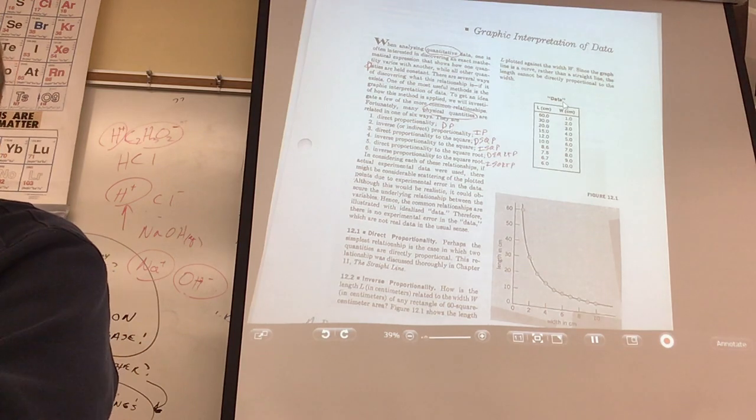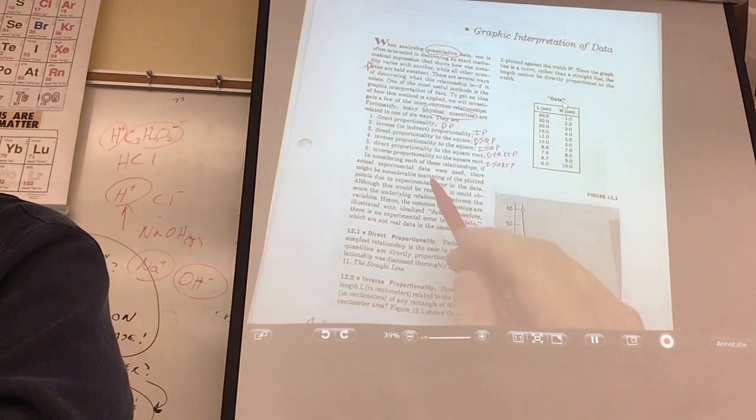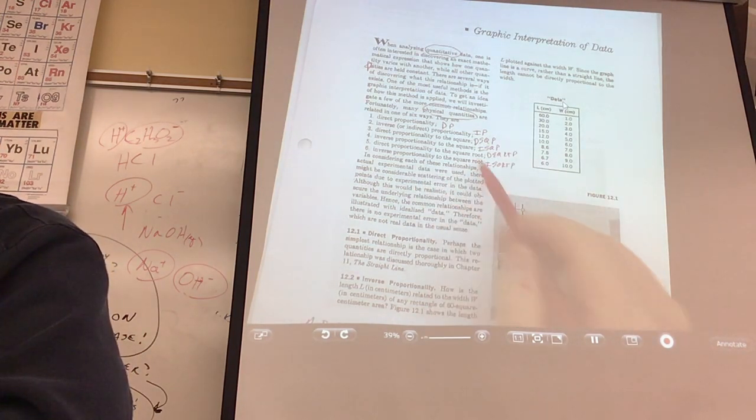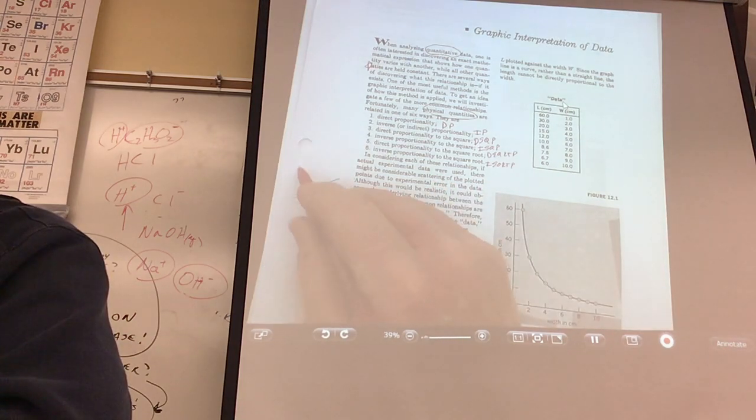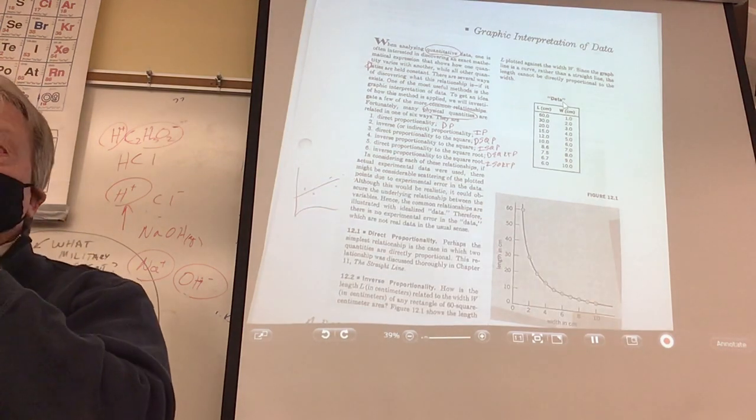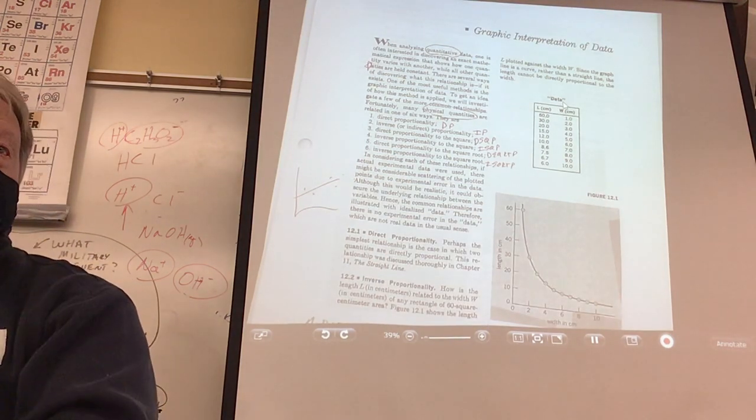Okay, now I'm going to interpret, okay? I'm going to translate. It says, when considering each of these relationships, see these six? It says, if actual data were used, there might be considerable scattering. And what they're talking about is maybe scattering might mean that the data points are not really on the line. Remember that? Isn't that called a scatter plot?